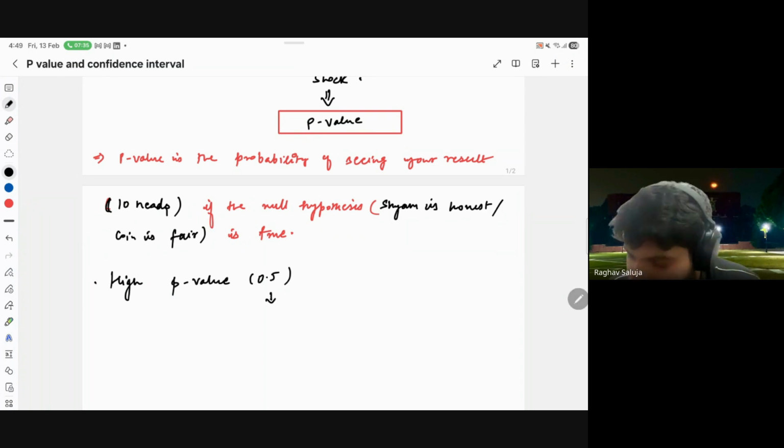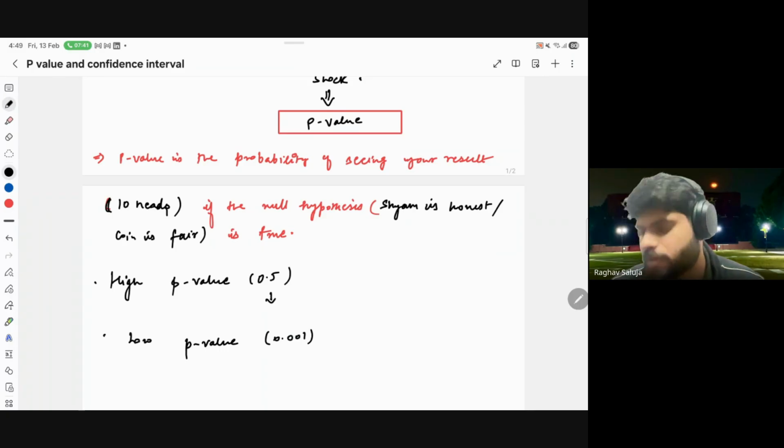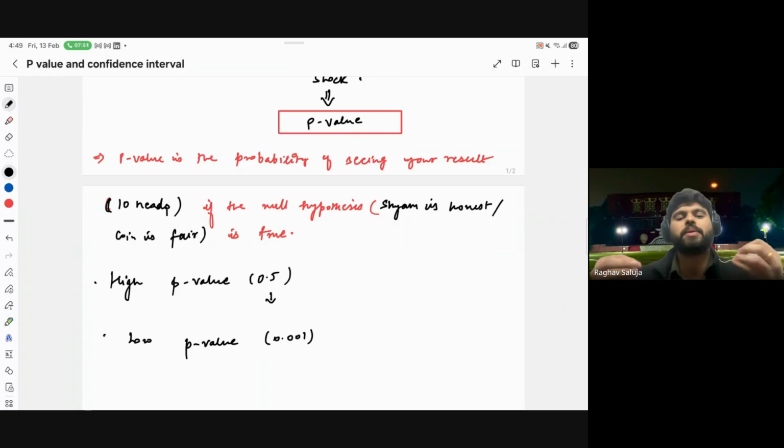But a low p-value means, let's say 0.001. This means that the probability of seeing my result, given the null hypothesis is true, is very less. Meaning the probability of me seeing my result, given the null hypothesis was true, is rare.